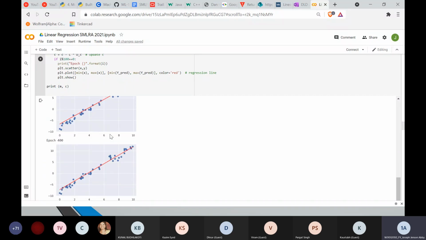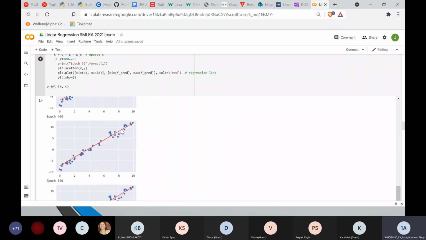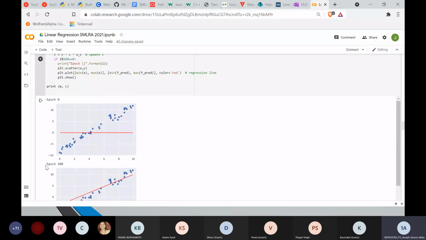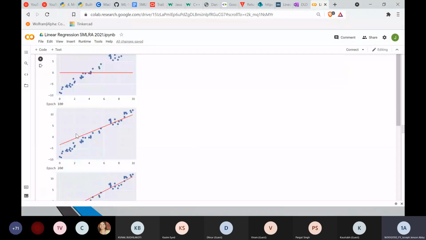As you see, the line is getting plotted at every iteration. If you run the algorithm 100 times, you'll get a line like this. At zero iterations, your line is y equal to mx plus c, with m and c at their initial values of zero. After 100 runs, it becomes a little better.